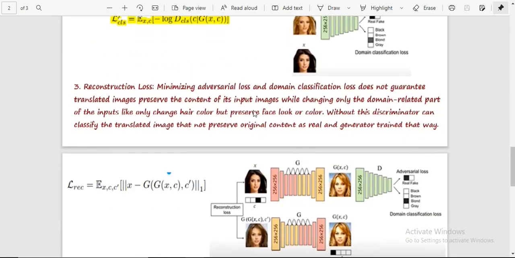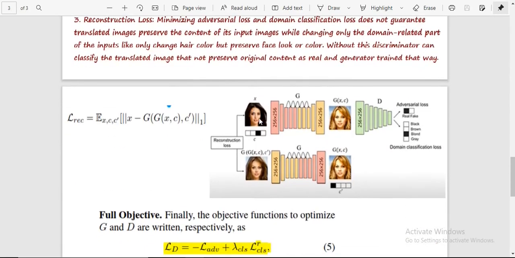And the reconstruction loss is simply this: first the input image is passed to the generator, and the generator produces this image targeted on the domain C, and it is passed to the discriminator, which outputs the adversarial loss and the domain classification loss.